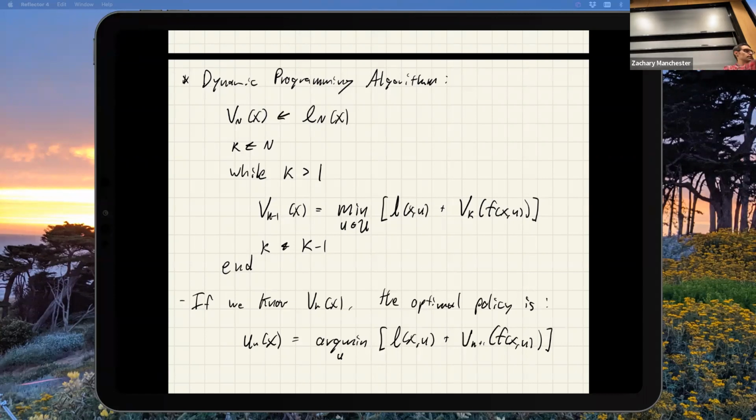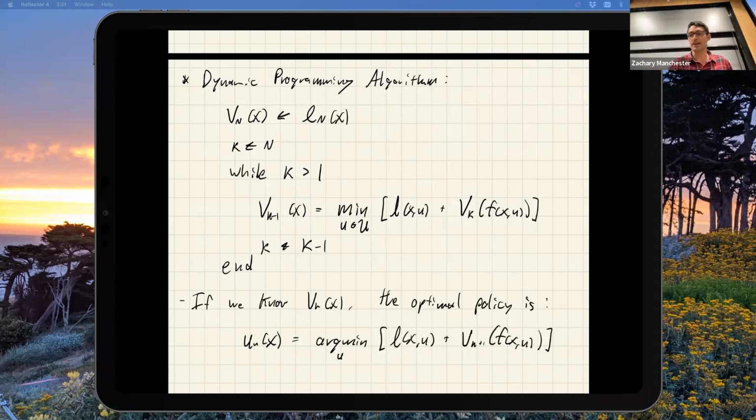If I'm at the origin at time N, the cost to go is 0, terminal cost is 0. If I'm not at the origin, I get cost x transpose Q_N x. So in the LQR problem, we're assuming that the goal state is 0. If I have another goal, then it would be x minus x goal transpose, whatever. You can absolutely do that, and that's fine. But in the standard vanilla LQR problem, the goal is always the origin. So if you're not at the origin, you get that cost.